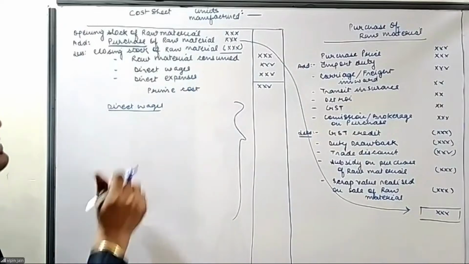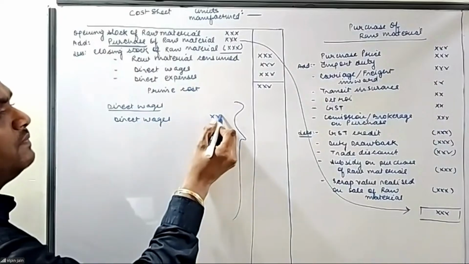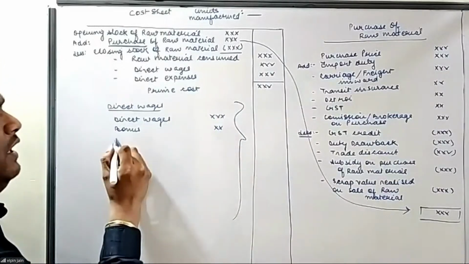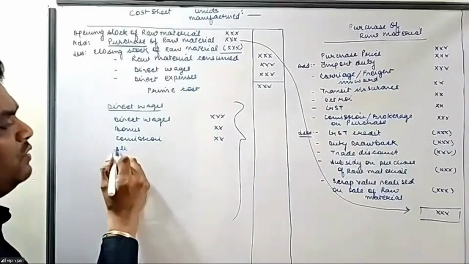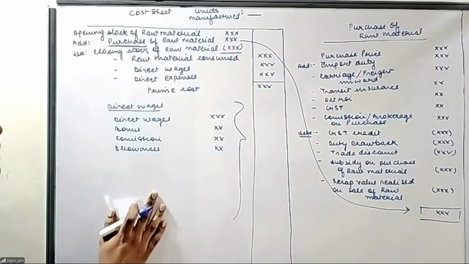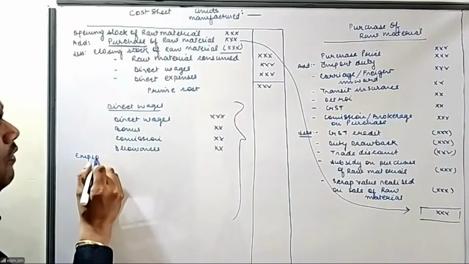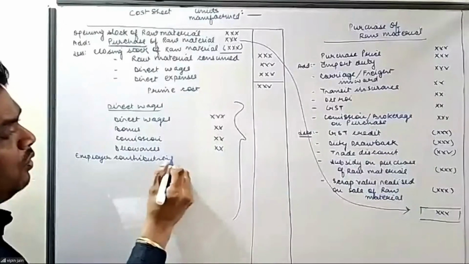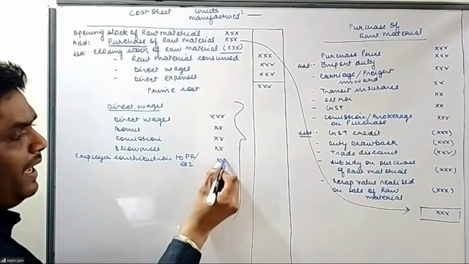Apart from direct wages, if any bonus is paid to the employees, if any commission is paid to the employees, if any allowances by whatever name called are paid to the employees, or any sort of employer contribution to Provident Fund or ESI, it will be added.